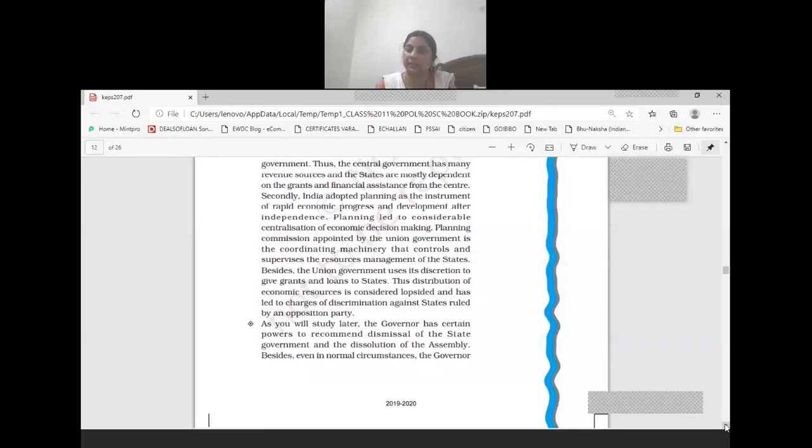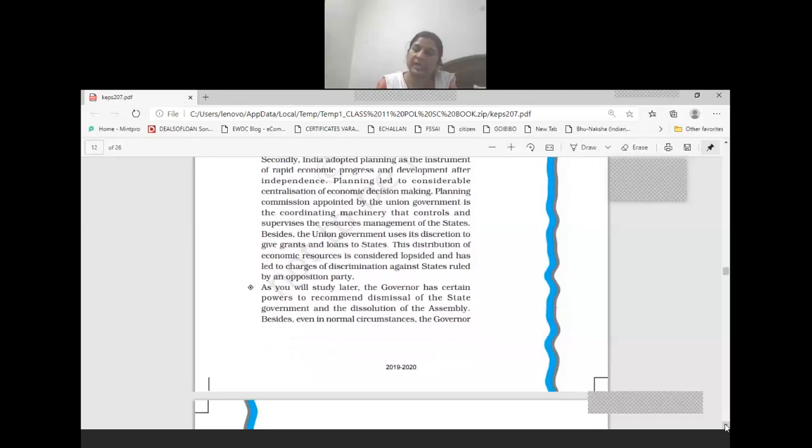In this regard, the center discriminates between states. If the state is governed by the same party which is ruling at the center, then there is no problem in sanctioning grants and financial assistance. But if the state is ruled by an opposition party, then they are not treated equally. So in this way we see that the states are at the mercy of the center.